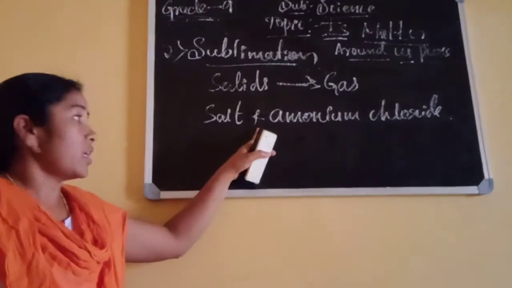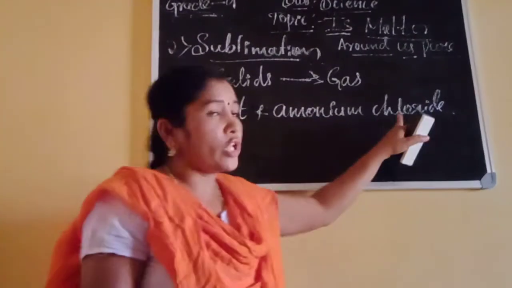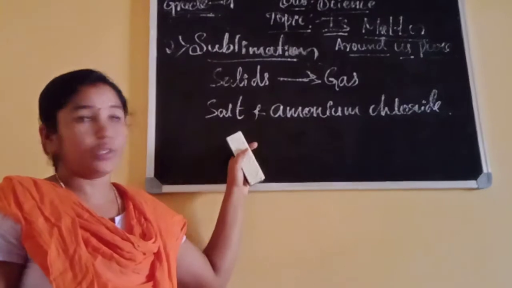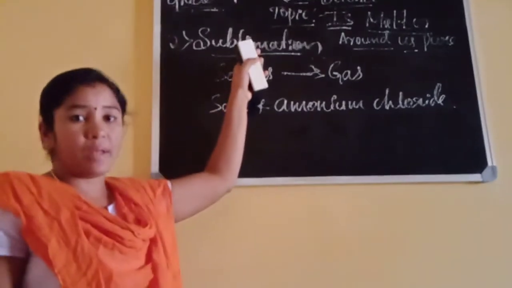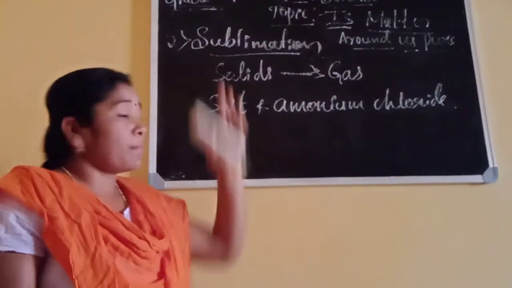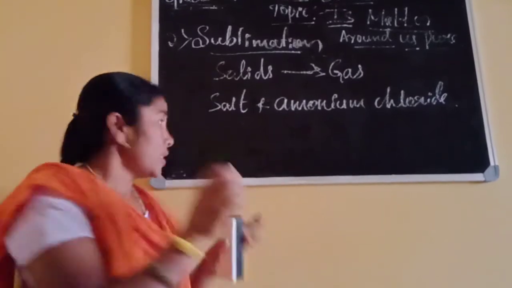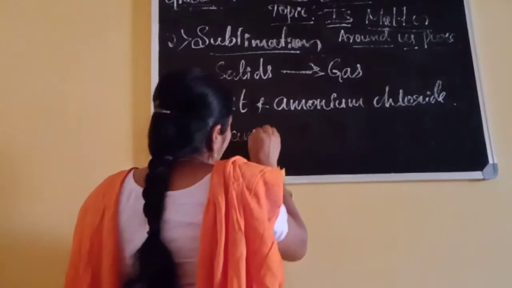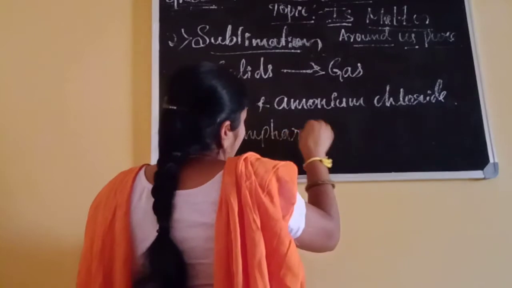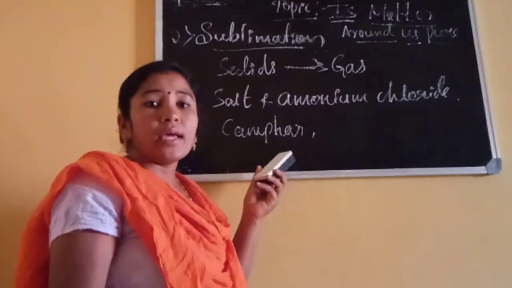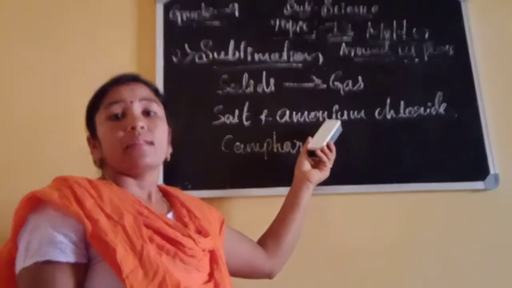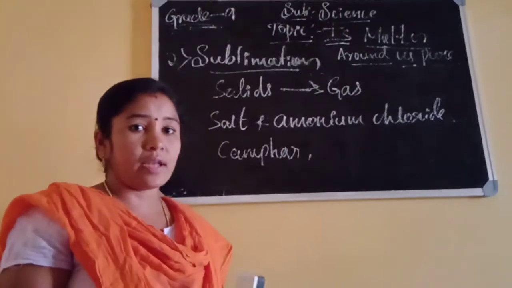In this mixture, we can separate the ammonium chloride and salt through the sublimation method. What are the sublimation products? Camphor, then ammonium chloride, then naphthalene balls.